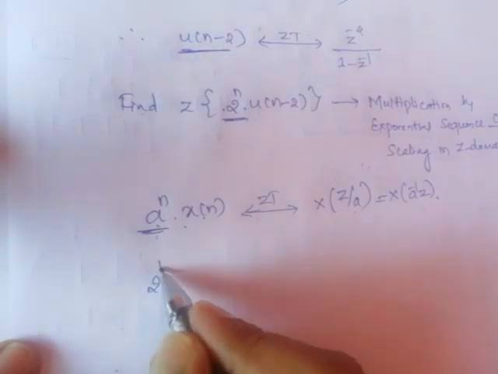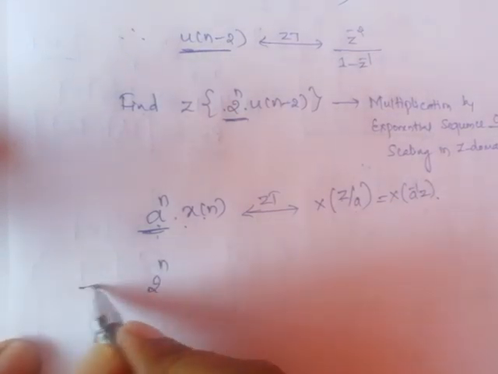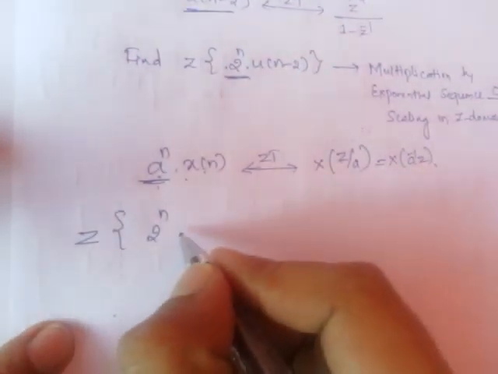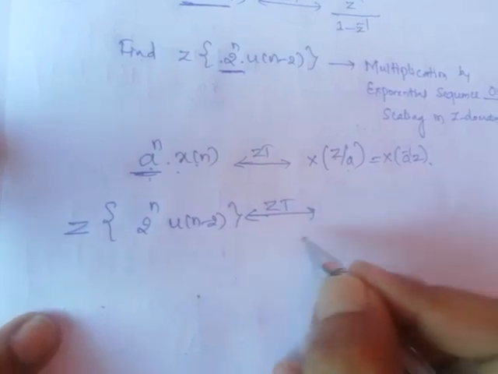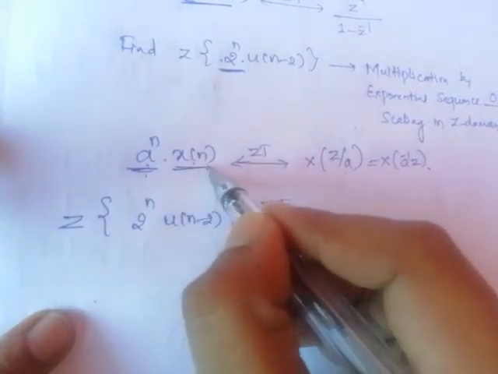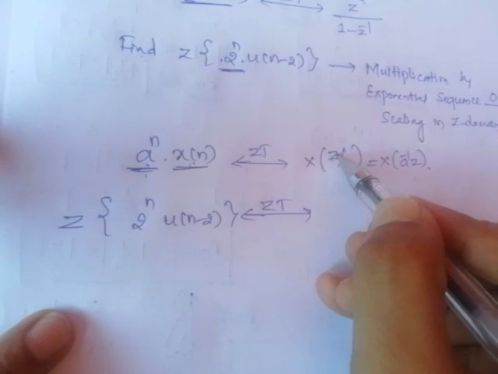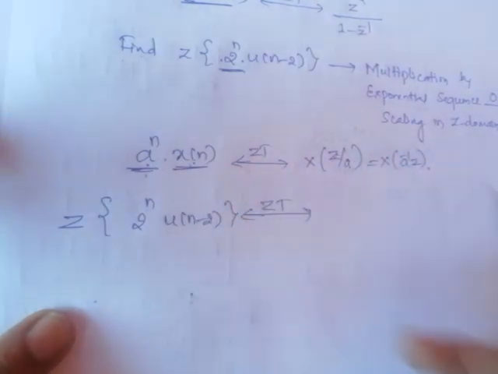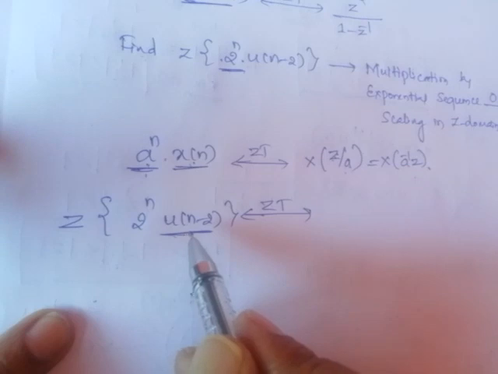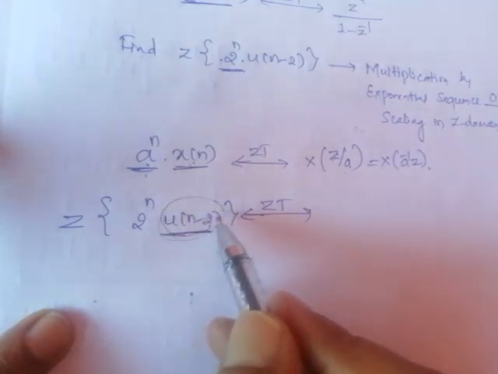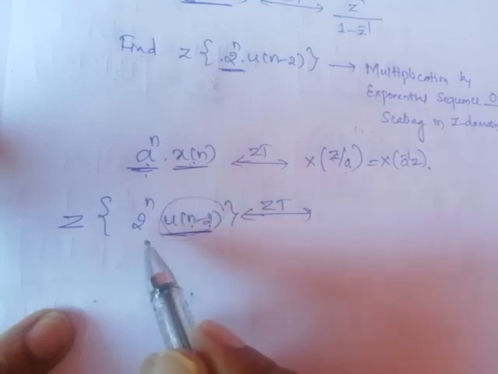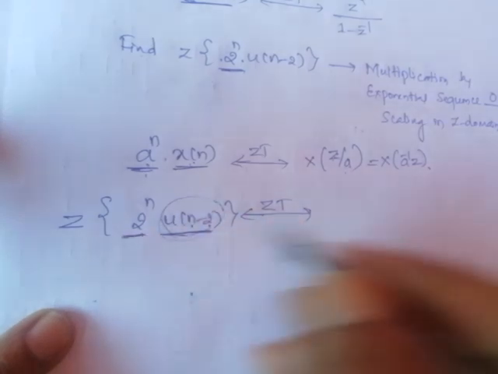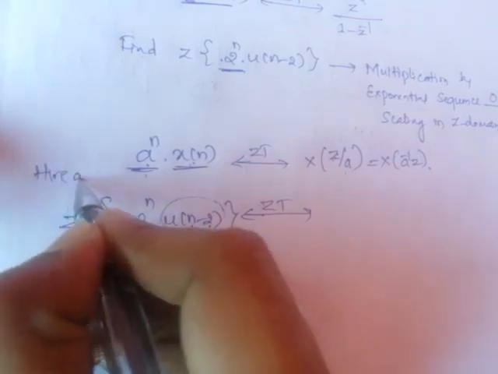In place of a, we have 2 to the power n, so here a equals 2.